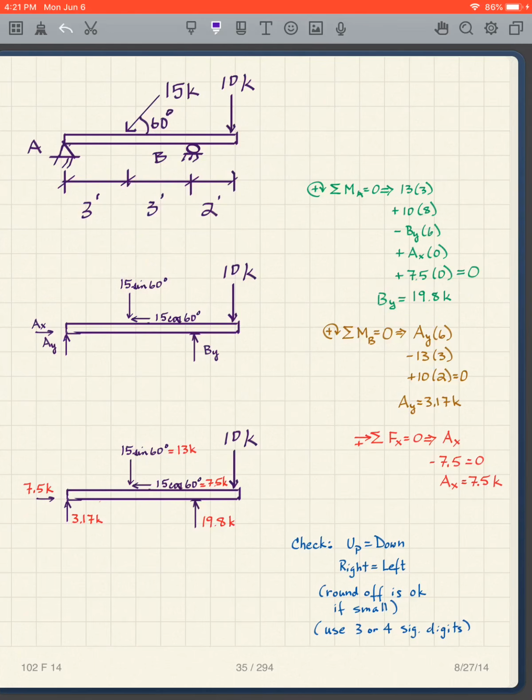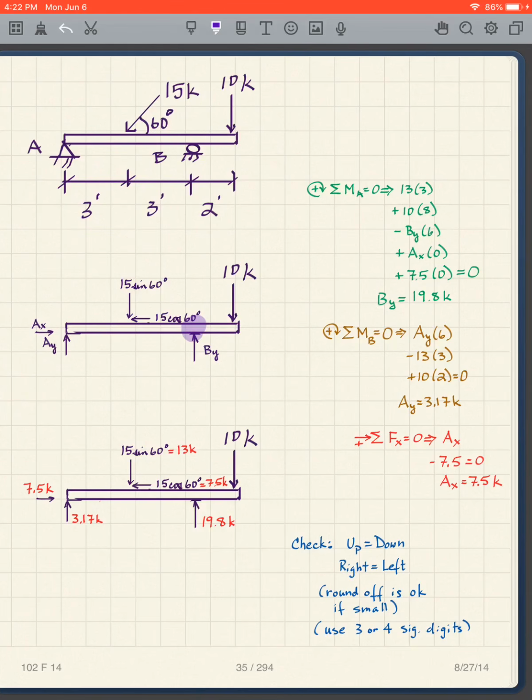I put all those into here, and I get that By is 19.8. I take the sum of the moments about B equals 0, so I'm taking moments about this point. Again, Ax goes through the point. The 15 cosine 60 goes through the point, so all those would be 0, so I only need to do the other loads. So this is Ay times 6.